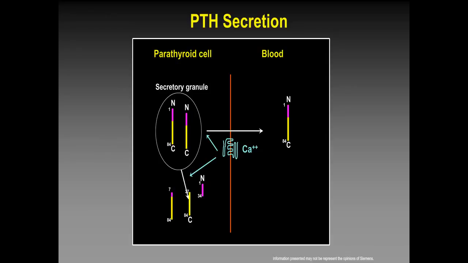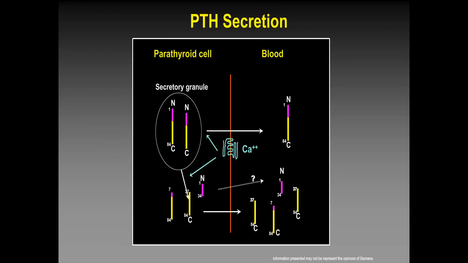If the calcium is high and there's no need for PTH secretion, a degradation pathway is triggered within the parathyroid cell, which begins to produce these parathyroid fragments devoid of biologic activity within the cell, and these can be, under certain circumstances, secreted into the circulation.